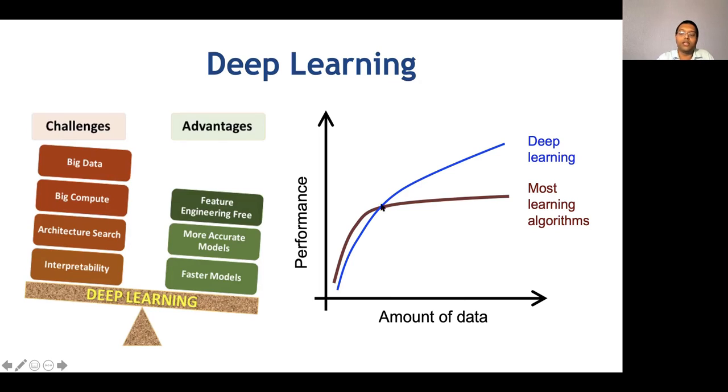And there is a crossover point after which that happens. Before that, deep learning is usually not that accurate, because it needs big data. And we have been able to identify this crossover point for some of our applications that we'll see in a few slides. And then they're also very fast. So it requires big compute to train the model, but once the model is properly trained, it can churn out predictions in a matter of milliseconds or even faster.